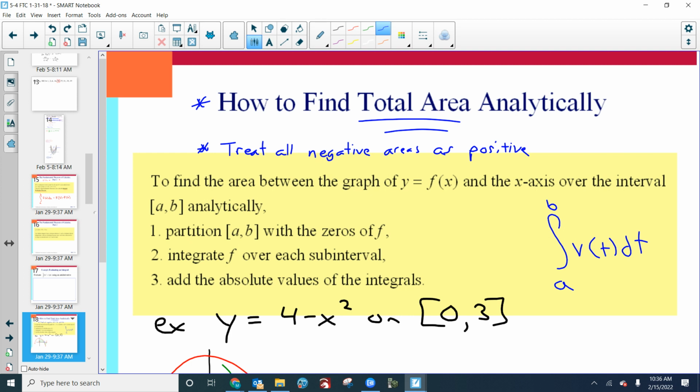You have to do something yourself to calculate total area. You have to actually do something. Will this absolute value do what we want it to do? No. This is not correct.